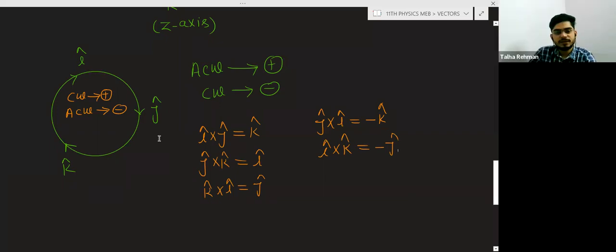So anything left here? K cross J. When you do K cross J, you are going in anti-clockwise direction. Then the answer will be negative I cap.